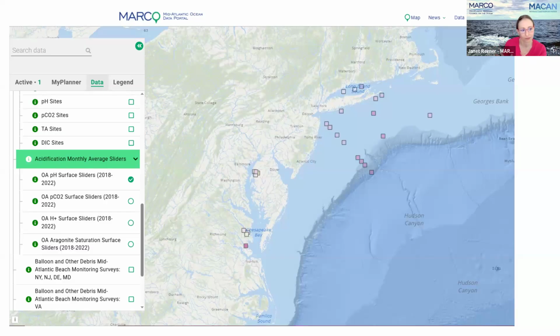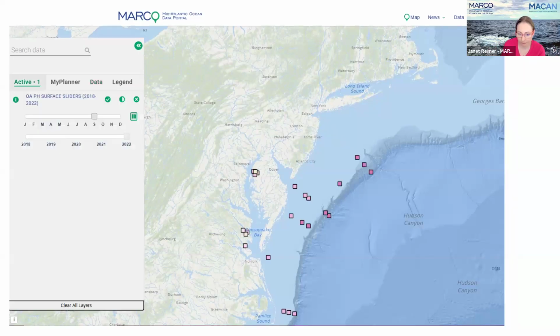So we are still working on projects that will expand our prediction abilities, but for right now, we're so excited that these data are available for use.